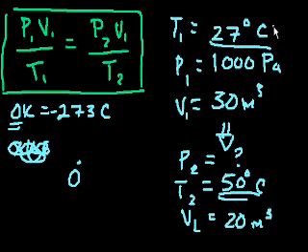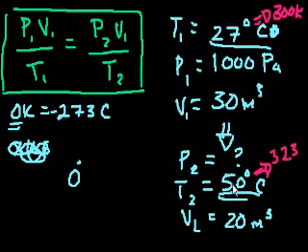So this is equal to what? Add 273 to 27 degrees Celsius, that's 300 Kelvin. And then 50 degrees Celsius is what? Add 273 to it, so 50 plus 273 is 323. Right? Now we can substitute into this formula.